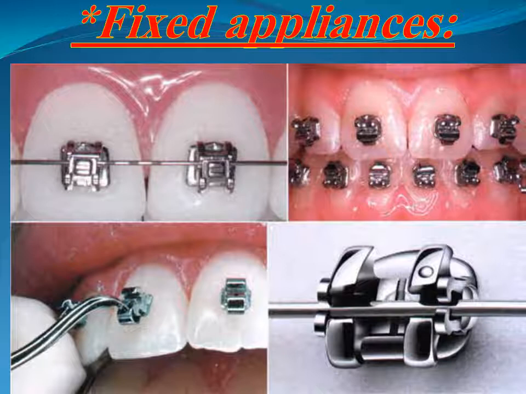As you see here in this slide, the attachment is the brackets, and the arch wire is the main controlling force that transmits the force to the tooth and later produces tooth movements, which is considered the main active component of fixed orthodontic appliances.